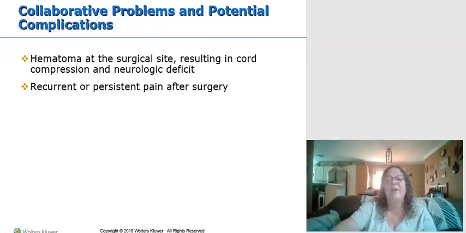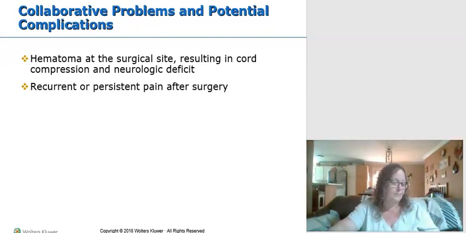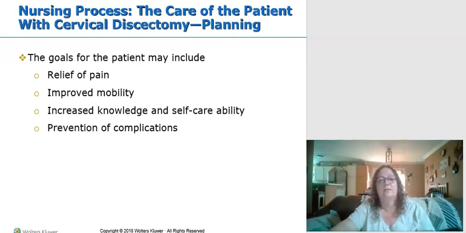They may have recurrent or persistent pain after surgery. The goal of surgery is to improve movement and decrease pain, but you can have recurrent or persistent pain after surgery. It should be reported to the physician and treated depending on the cause.